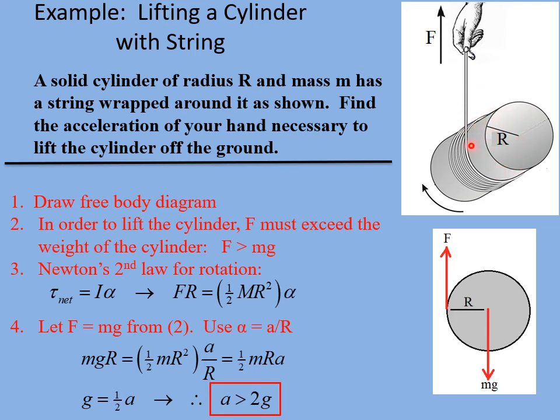The string is just going to unravel, and the soup can will roll on the ground. But if you pull up fast, you have to pull up pretty quickly. You can actually lift this whole object off the ground.